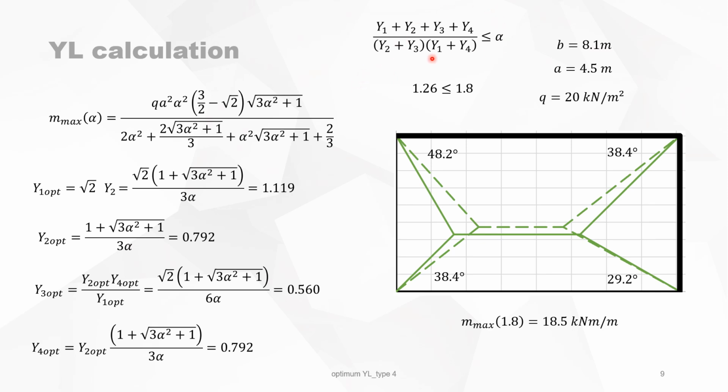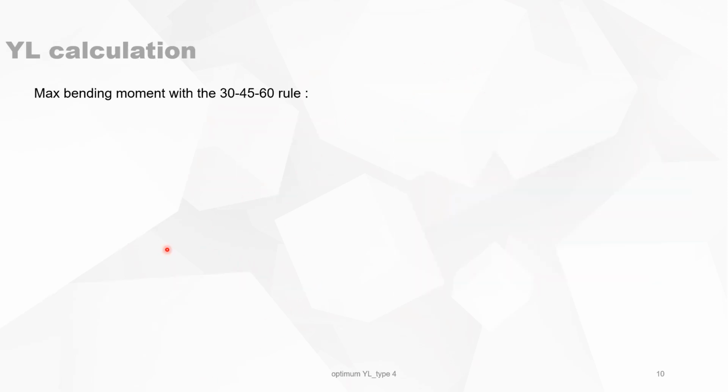Then we check if this is a realistic yield line pattern, and if you fill in the different values that we obtained here, then this equation is okay. The maximum bending moment with the 30, 45, 60 rule is equal to the general formula of the bending moment with alpha and the tangent of 60 degrees, which is square root of 3, and the tangent of 45 degrees, which is 1.